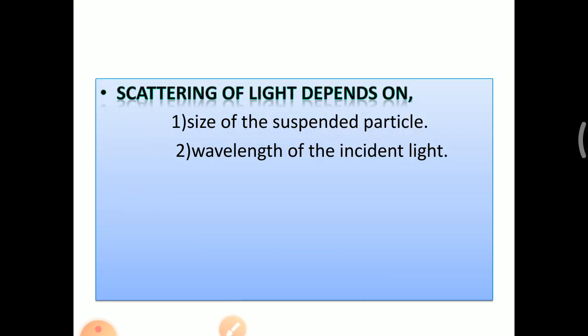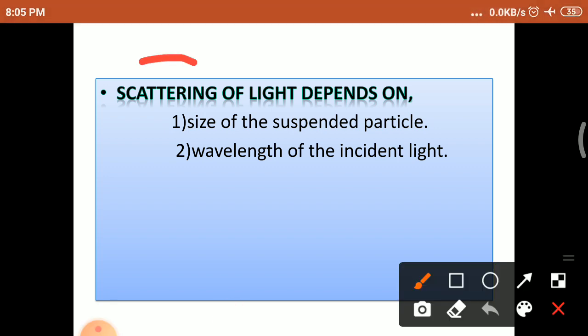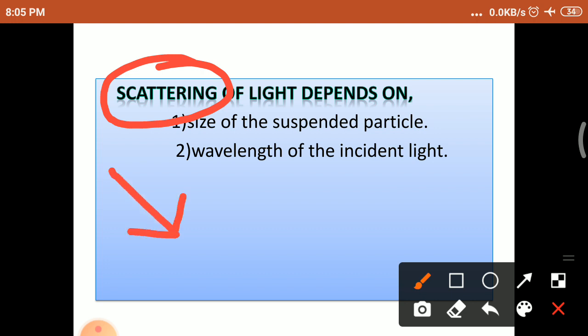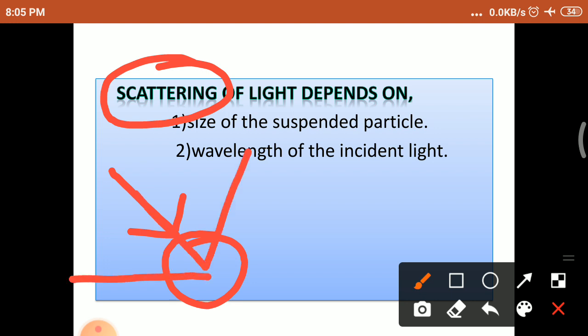And this scattering of light depends on two factors: the size of the suspended particles and the wavelength of the incident light. When light falls on an object, the light rays are deflected from their straight path in many directions.